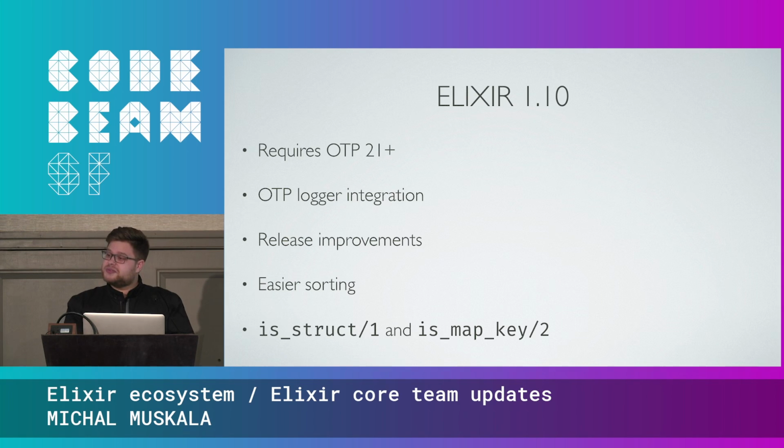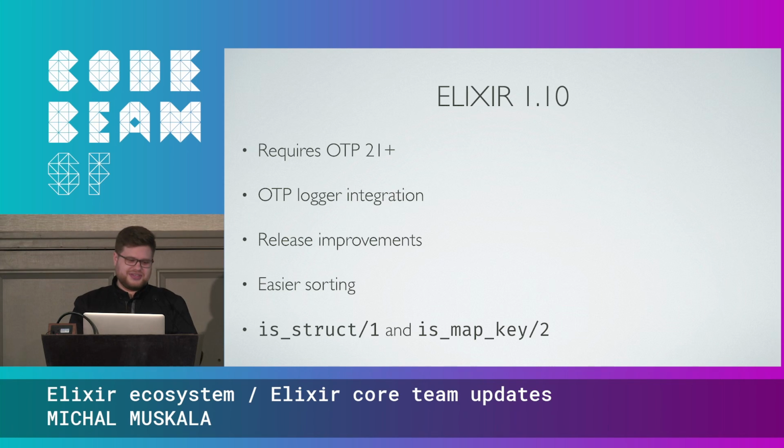Easier sorting, which I'll mention in more depth next, and the two guard macros, is_struct and is_map_key. So you can actually destructure maps in guards now. This is based on something I implemented in OTP 21, though with some bugs, and the OTP team had to come and actually fix it.